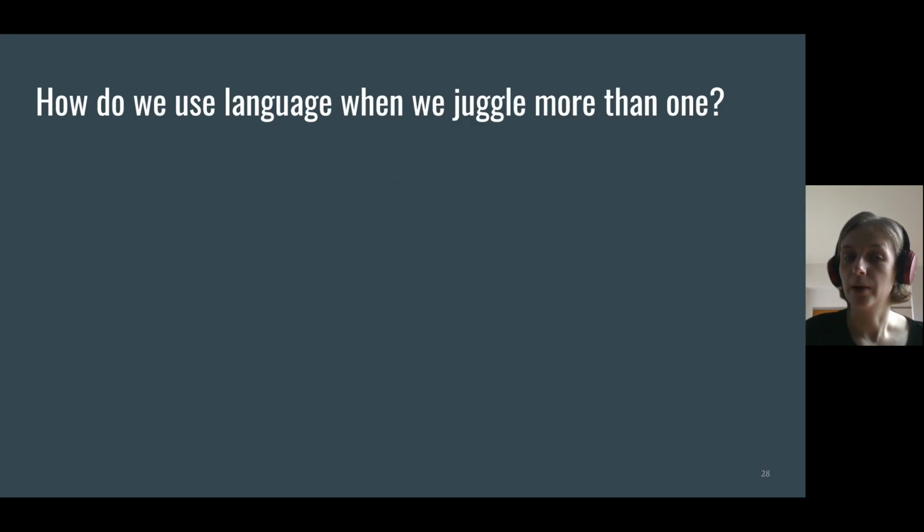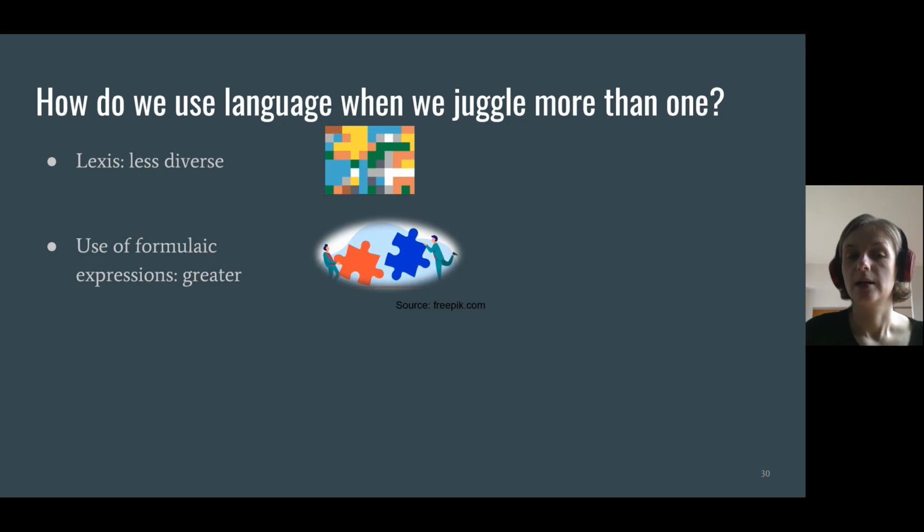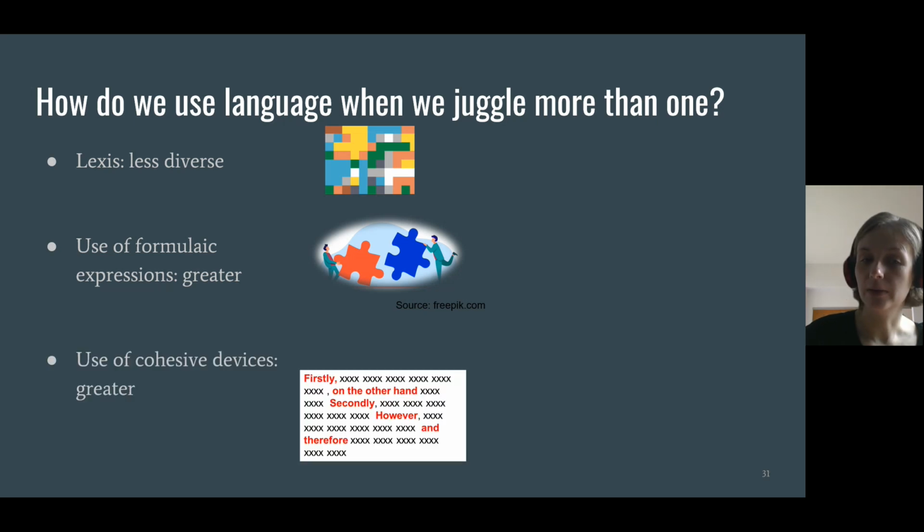Okay, so now how do we use language when we juggle more than one? Well, there are probably more than just this, but what I have discovered is that the lexis is less diverse. We use formulaic expressions more. And also we use greater number of cohesive devices to link our ideas in a better way.